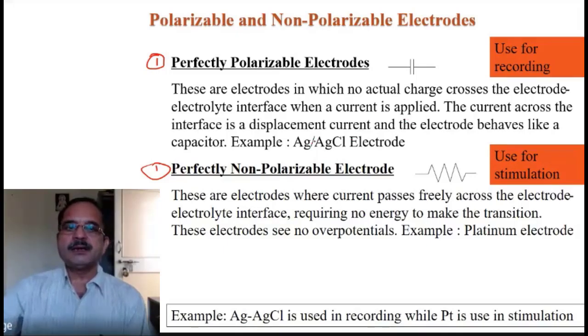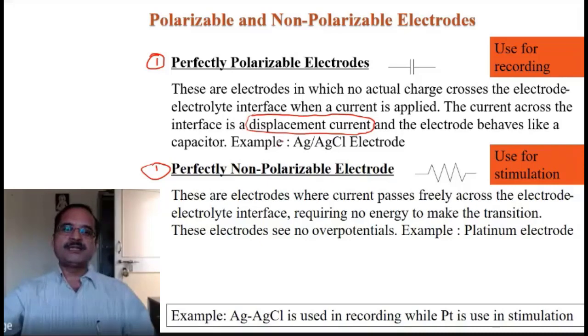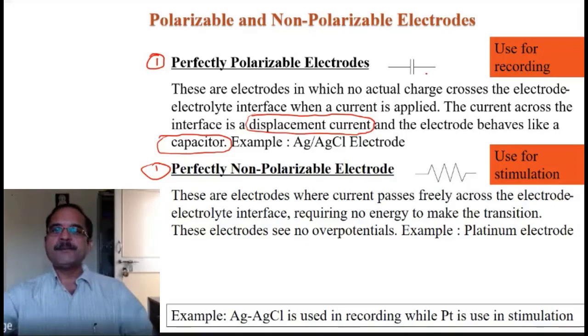In this case, the current across the surface is because of displacement current. When we studied electromagnetics, we studied the concept of displacement current. Usually this displacement current occurs in capacitors. So these perfectly polarizable electrodes behave as a capacitor, and that's why the equivalent circuit is represented in terms of a capacitor.